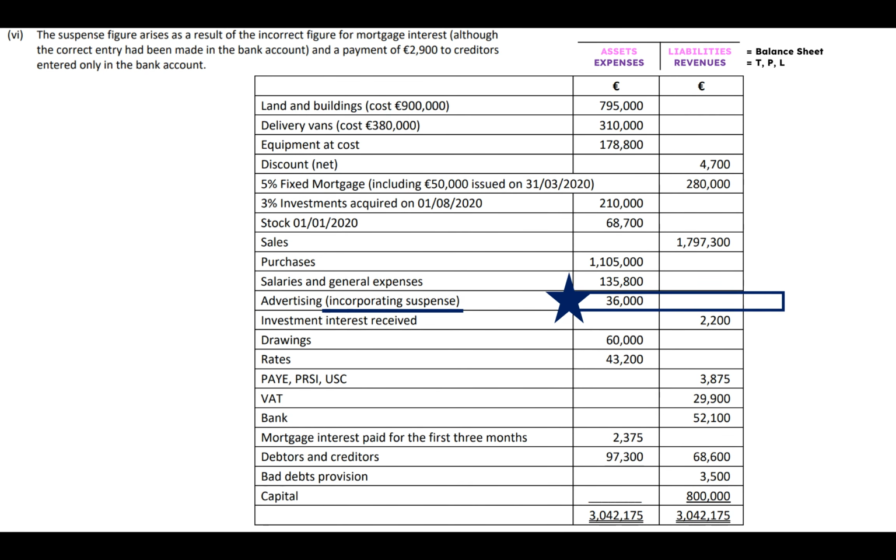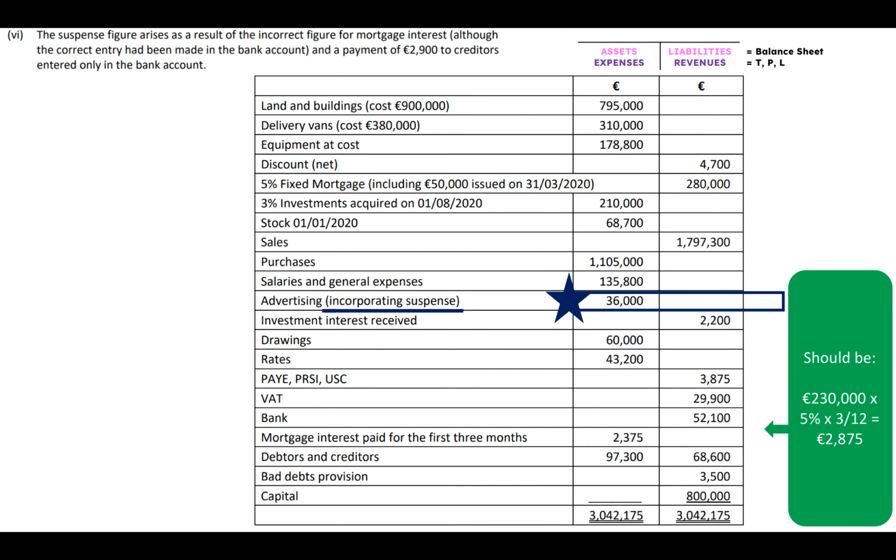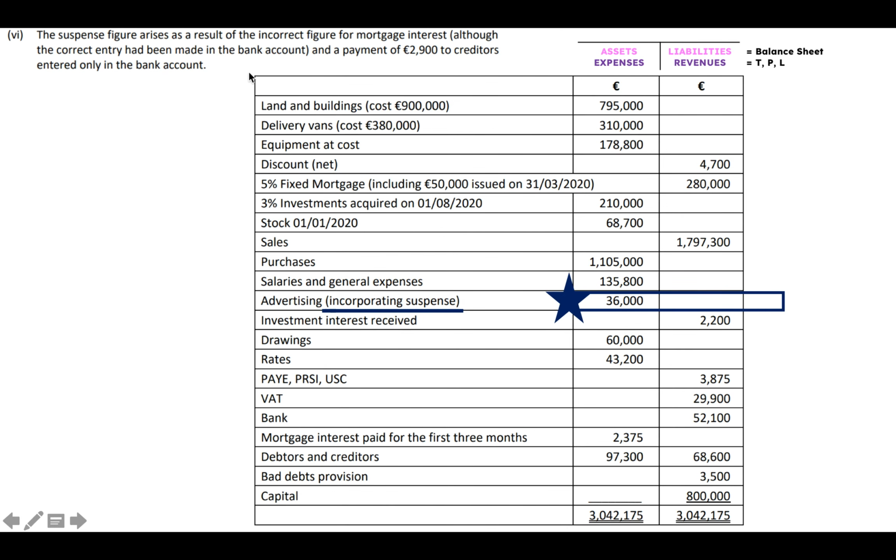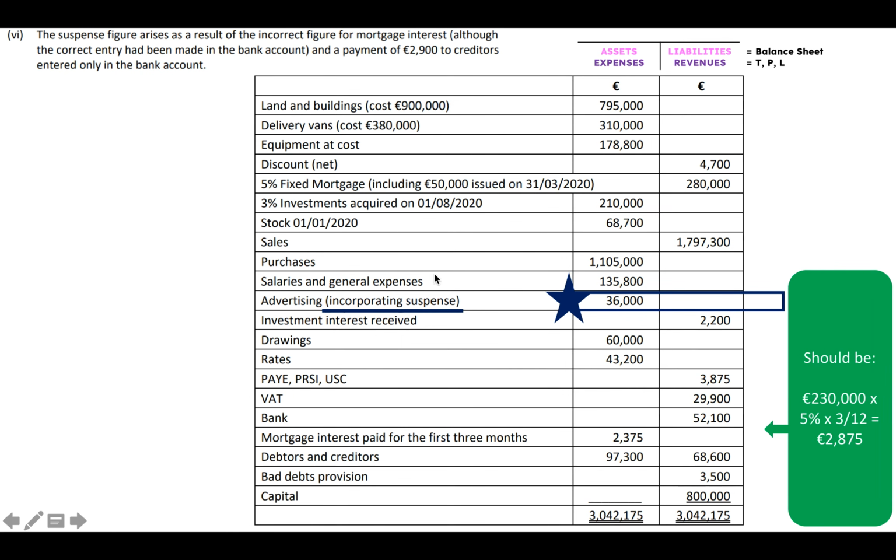Right, so let's take the first half of this then, right? So the incorrect figure for mortgage interest, all right? Correct figure had been put into the bank account. So this mortgage interest paid for the first 3 months is incorrect. So if we worked out what the first 3 months mortgage interest should be, it would be 280 minus the 50 top up, because the 50,000 top up was issued on the 31st of the 3rd.